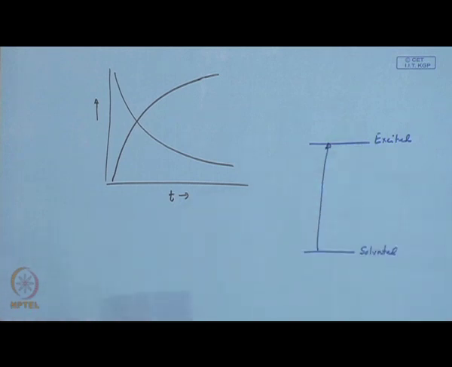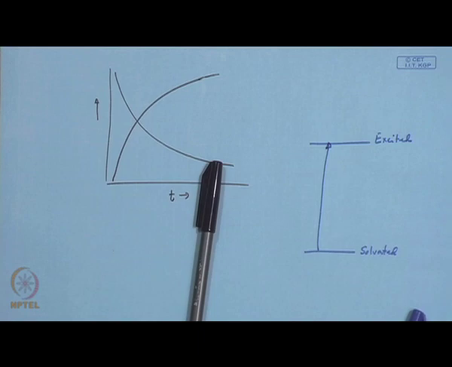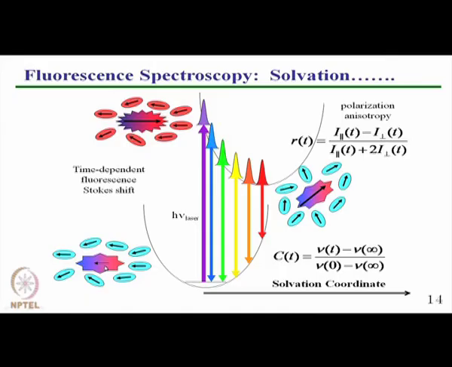So you see that initially the molecule is solvated in a definitive fashion. Now, you excite over here. So its energy is more and the dipole may be in a reverse fashion.